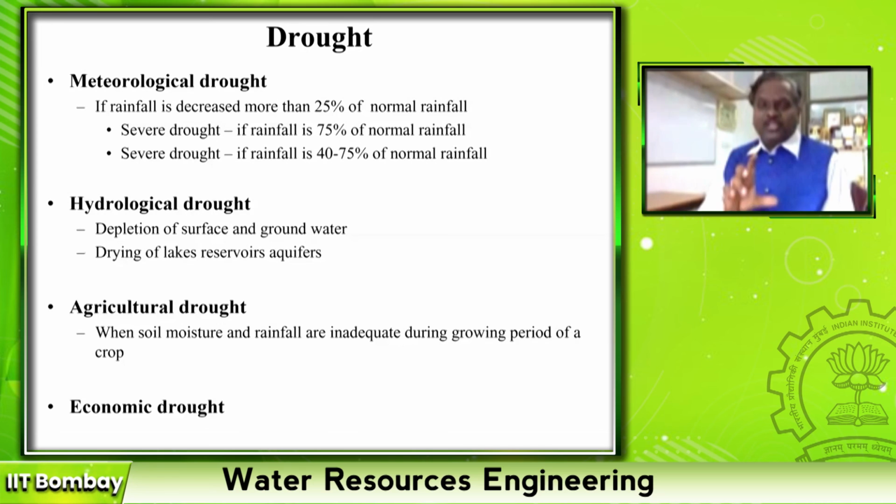If that soil moisture has not increased even with an adequate amount of rainfall, that is agricultural drought. Economic drought is when I have not received a sufficient amount of money for the products which I have produced; that is called economic drought.